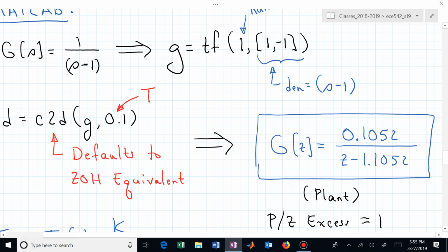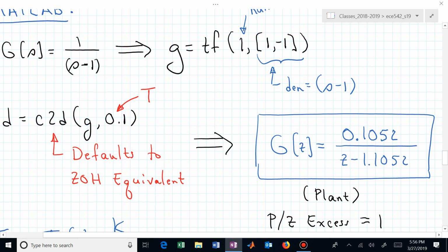What about restriction 3? Restriction 3 concerned unstable poles in your original plant, G of Z. Is that in effect for this problem? Are one or more of the values of Z in the denominator outside the unit circle?